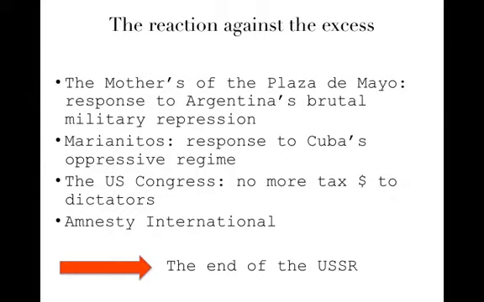military regimes. And there's reaction against the excess of abusive power that these regimes demonstrate. As I mentioned, in Argentina, civil society will respond to the brutal military repression. And these are the mothers of the Plaza de Mayo, the mothers of students who had been tortured and disappeared, whose bodies were never found.